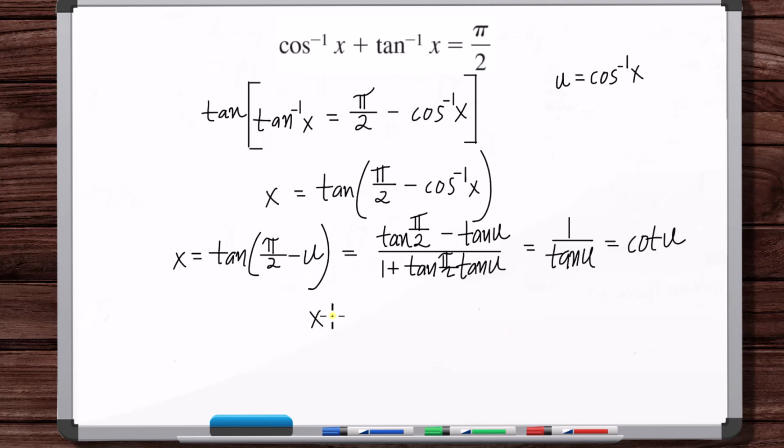So x is equal to cotangent of u. Cool. But now we need to get some information about u. What quadrant is u in? Once we can get a sense for the quadrant of u, then we can analyze what cotangent of u would be.